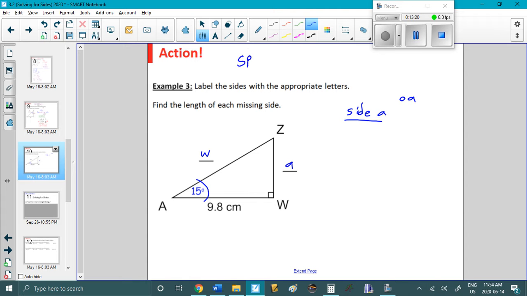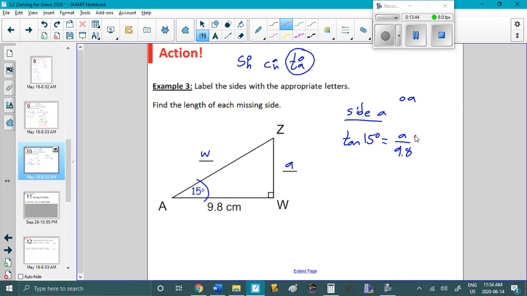So I go back to my old friend Sohcahtoa, and I see which one of these has O and A, and it's TOA. So tan of 15 equals the opposite, which in this case is letter A, over the adjacent, which is 9.8. And all that's left now is the calculator step.